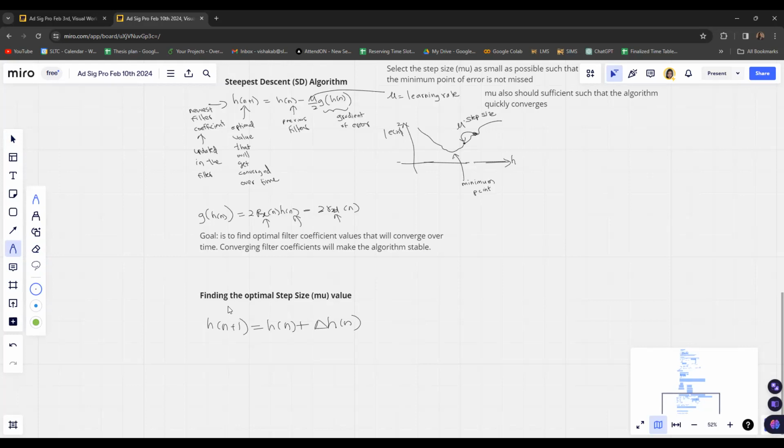So this minus mu over 2 G Hn part can be written equally as plus some kind of a step value of the filter coefficient value, which is delta Hn. So plus delta Hn denotes this part that is added to the filter coefficient. So the filter coefficients can be increased using this delta Hn value. So once delta Hn goes to 0, then the values of Hn and Hn plus 1 will be equal. And that means this algorithm will converge.